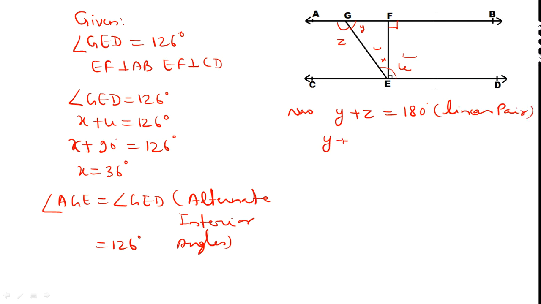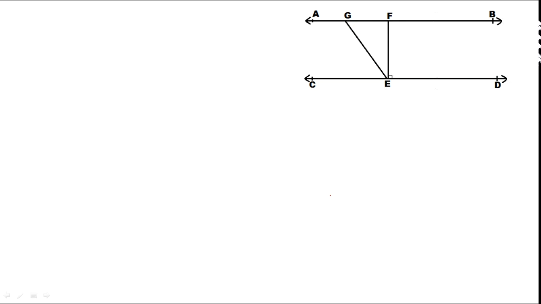The value of Z is already calculated, that is 126 degrees. So the value of Y will be 180 degrees minus 126 degrees, and that comes out to be 54 degrees. And in place of Y, I can write EGF or FGE. So we have calculated all the angles, as asked in the question.